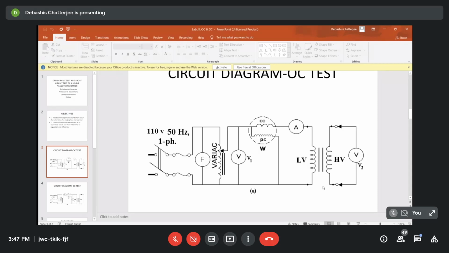Under open circuit, the load is open, so the current flows from the primary side through the primary leakage impedance, and then through the magnetizing reactance and core loss resistance. Normally the series elements are of much lower values compared to the shunt elements. Why?